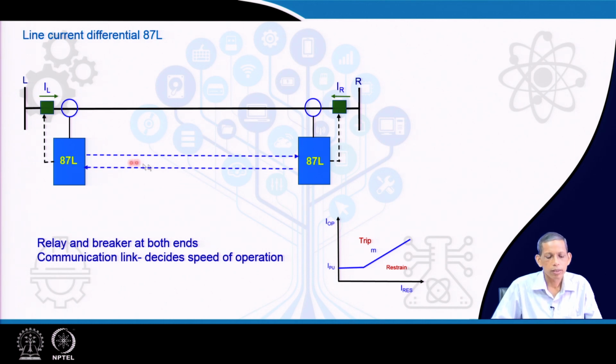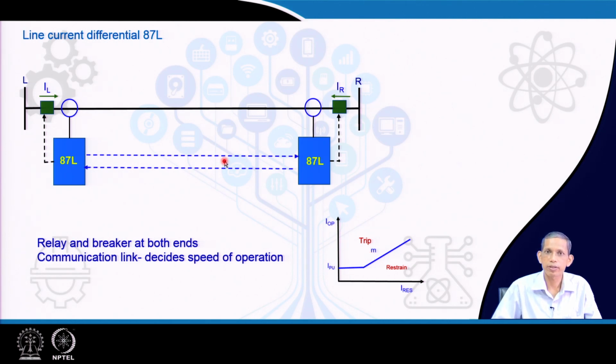Thereby the communication delay, the associated delay, decides at what time the corresponding differential protection will go for processing. Say, from the percentage bias differential relay perspective, it may decide every 5 millisecond, every 3 millisecond, or every 2 millisecond to go for this processing, depending upon the communication link capacity.